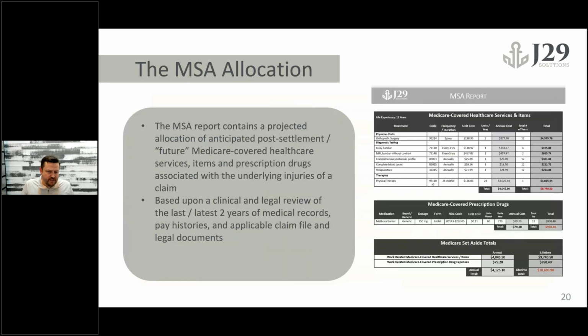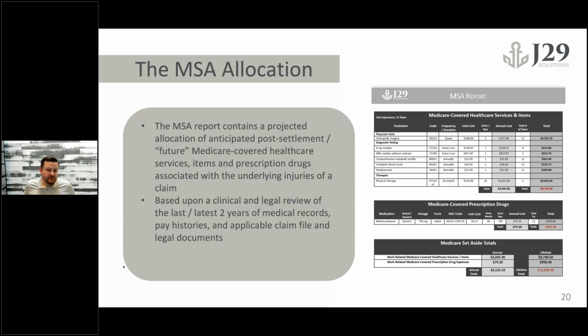It's a projected allocation of what we think anticipated post-settlement or future Medicare-covered healthcare treatment could include: items, durable medical equipment, prescription drugs that are associated with the underlying injuries related to the workers' compensation claim.